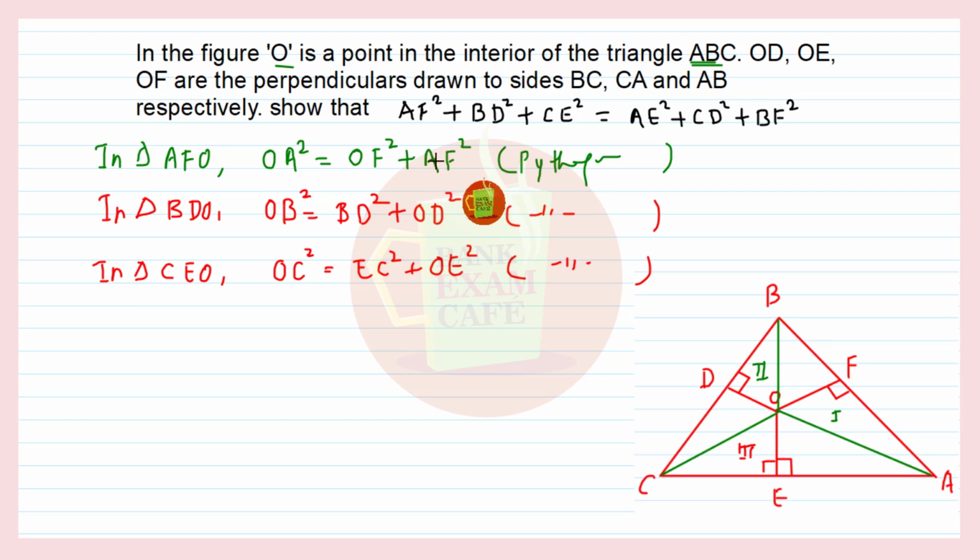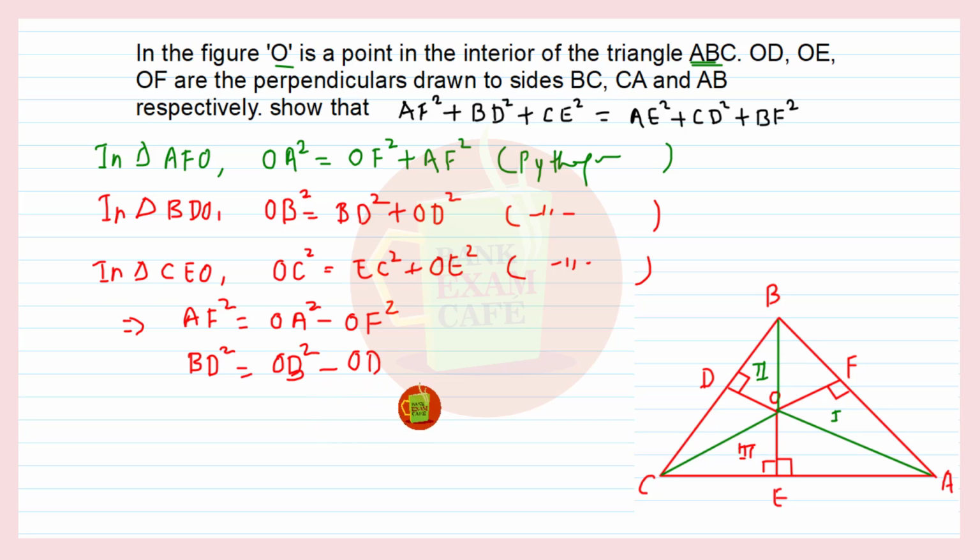Now from this we get AF square is equal to OA square minus OF square. Similarly, what we require is BD square, so if you take OD square to this side, you will get BD square, which is equal to OB square minus OD square.